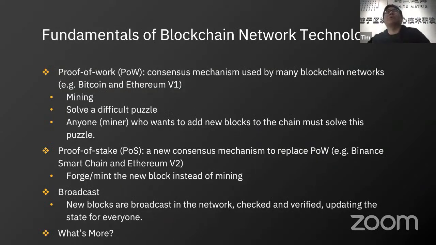There are some fundamental blockchain technology terms. The first two, POW, proof of work, and POS, proof of stake, are usually called consensus mechanisms. This is a key part to make sure every node in the network shares the same consensus. POW means you need to solve a difficult math problem or puzzle, and anyone who wants to add a new block into the chain needs to be the first one to solve it.